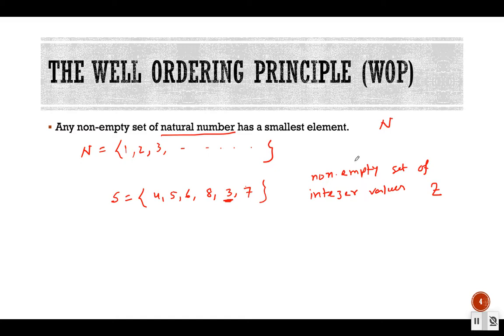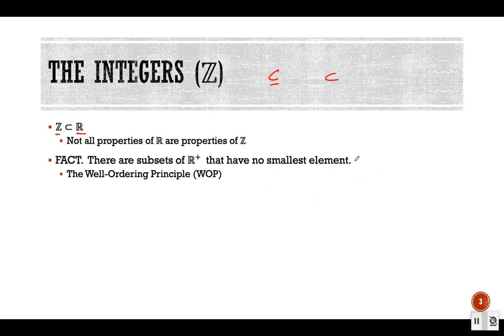So well ordering principle says that if we have a non-empty set, then in the set there will be a smallest element. Okay, there will be an element that has the smallest value, okay, a least element. Now what about the real number?